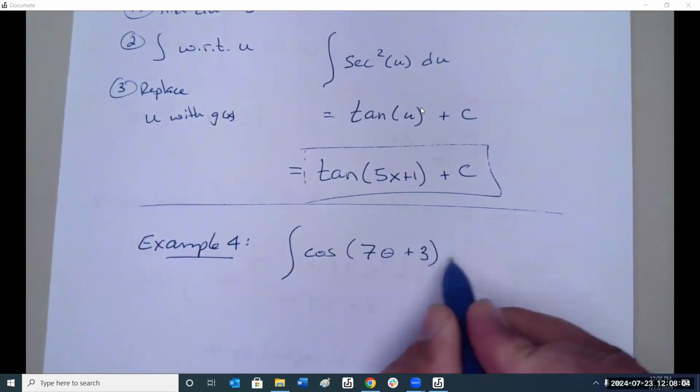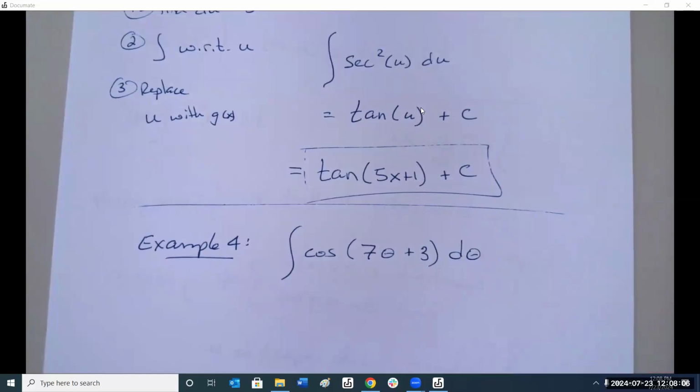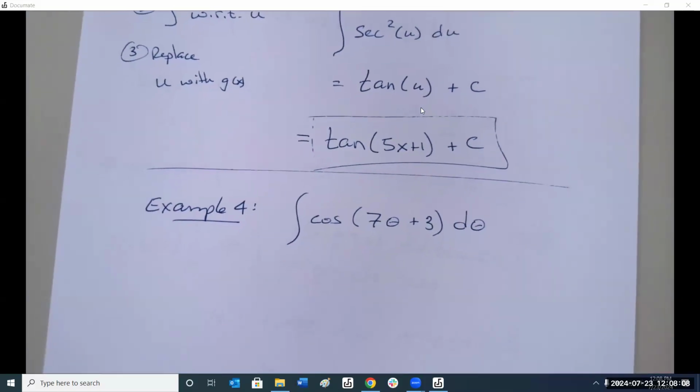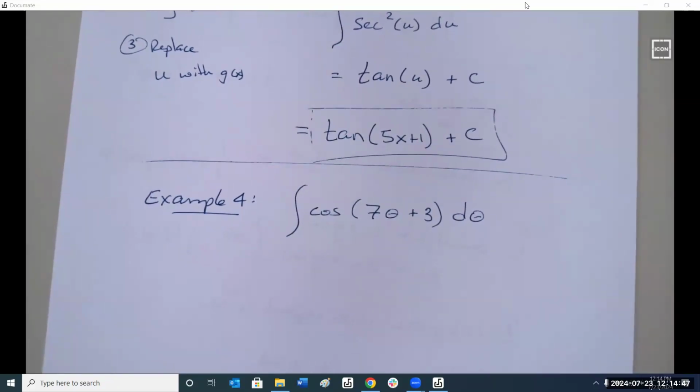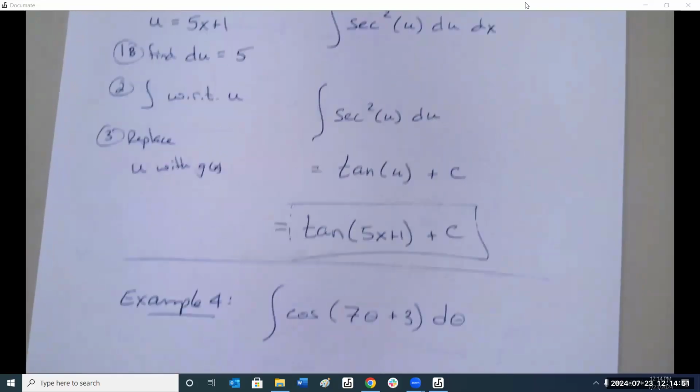All that happened there: secant squared was the derivative of tangent, right? So you went back, and then all you did was multiply. What happens to the constant?